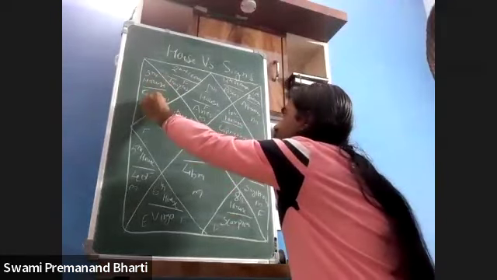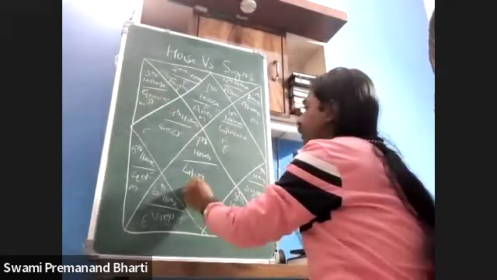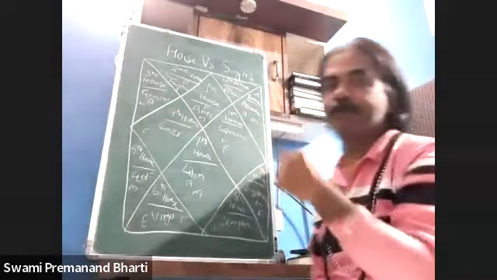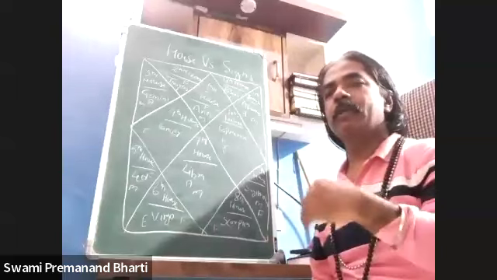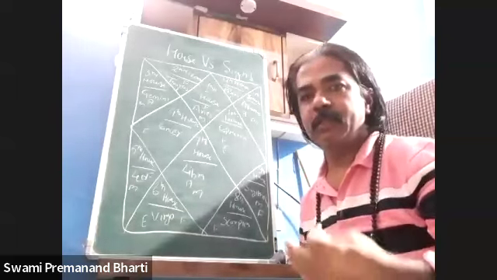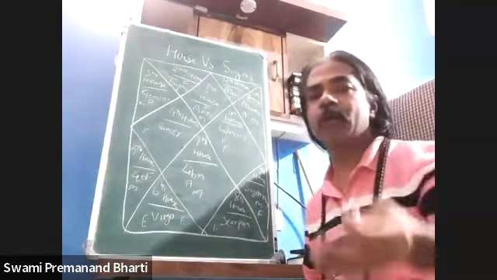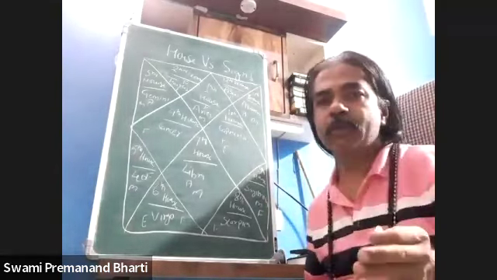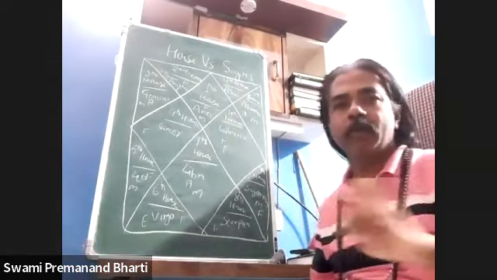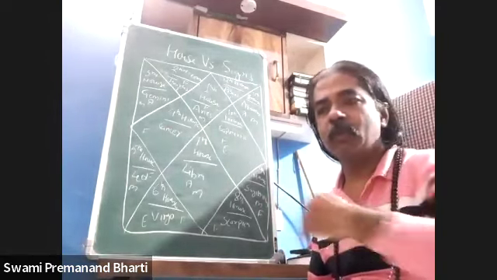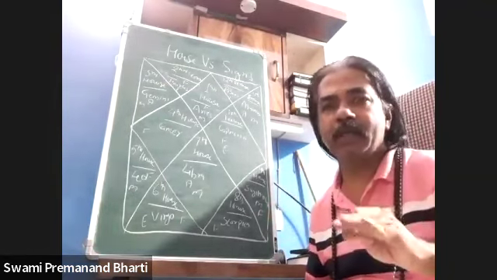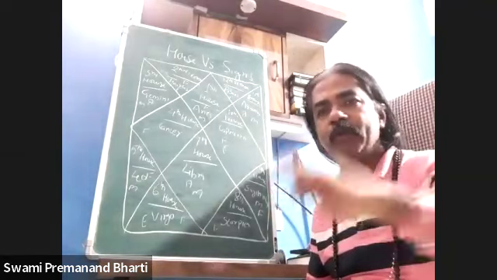Then there are air signs. Sorry, Gemini, Libra, Aquarius. Air has the quality of intelligence. If I'm able to convey my thoughts to you and share this knowledge with you, it is just because of air. This whole teaching session is reaching you because of the air element, okay, through waves.